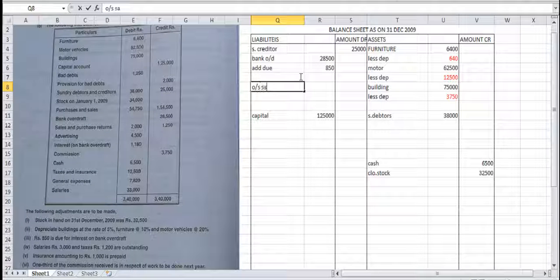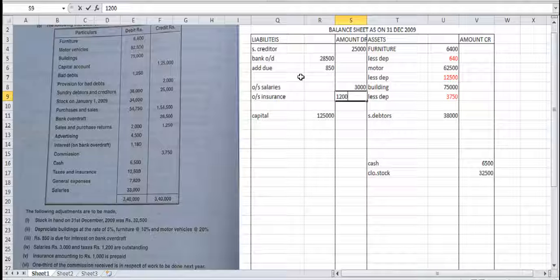Outstanding salaries 3,000 directly, and outstanding insurance should be 1,200.